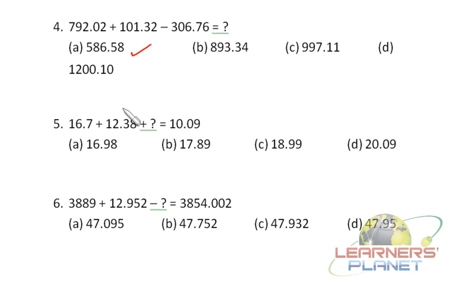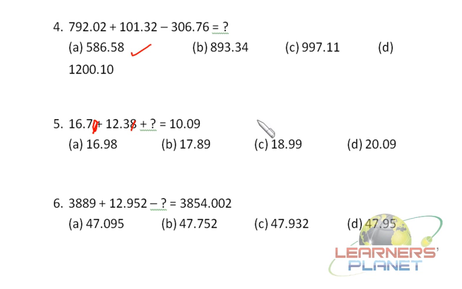No need to calculate. Similarly, in this problem, 16.7 plus 12.38 plus what is equal to 10.09. Let's do it. I just write a 0 over here. 0 plus 8 is 8. 8 minus 9 is minus 1. So I have to borrow 1.